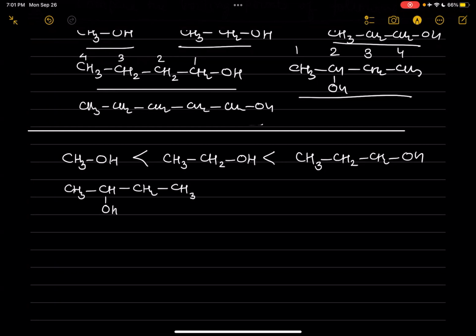More number of CH2 bonds. But butan-1-ol also has the same number of CH2 bonds. Both are isomers, so both have the same formula. The formula is same, but the structure is different. So what could be the reason?